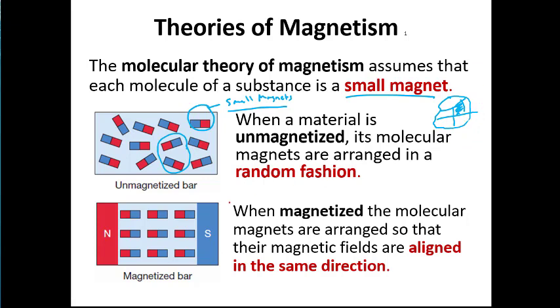If you put this same bar into a strong magnetic field, these particles will move and they'll all become lined up, and then it becomes a magnetized bar. It's like the magnetic field is reorienting these small magnets so they're all working together and cooperating, and we end up with a strong magnet.